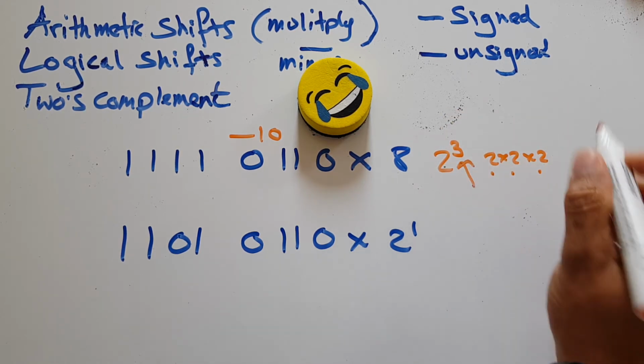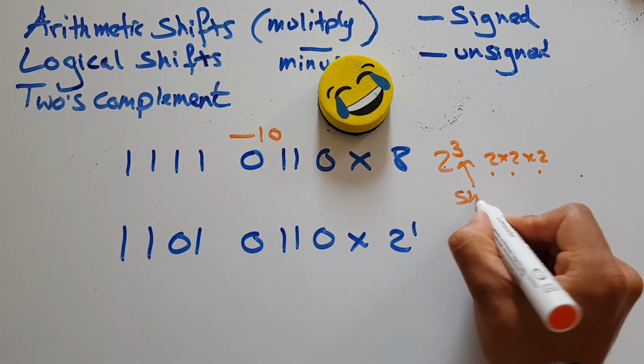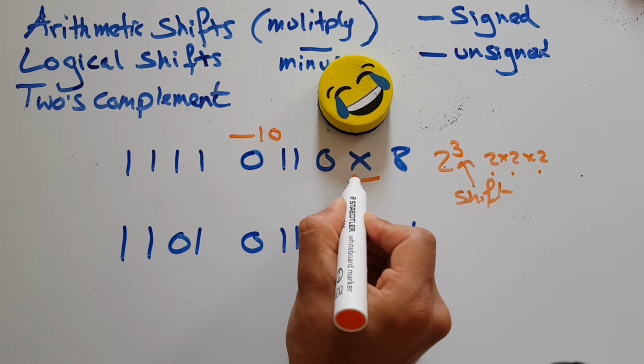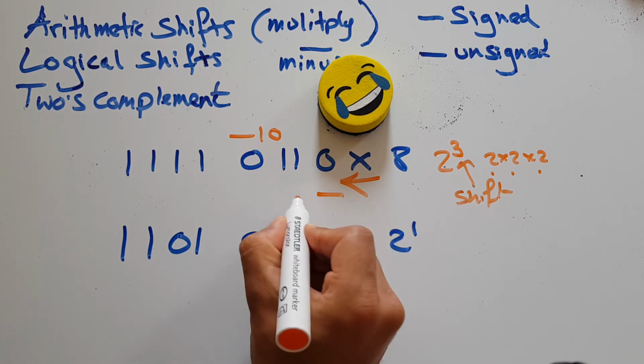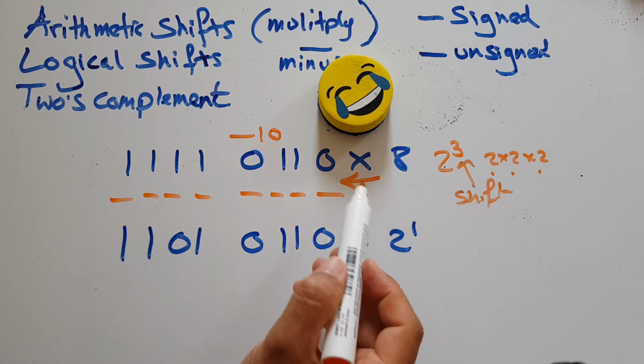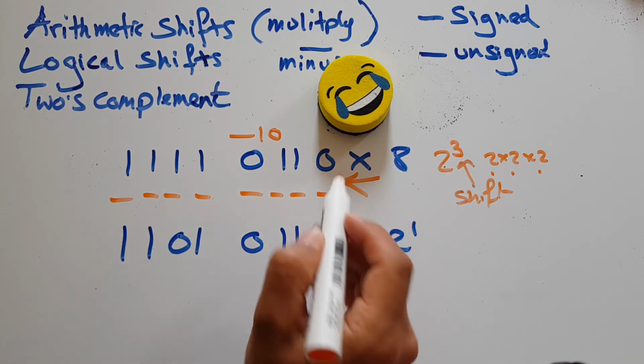So that's my shift value. So I need to shift everything, multiply means left shift. So let's write the place values. So I'm left shifting everything by 3 spaces, okay?